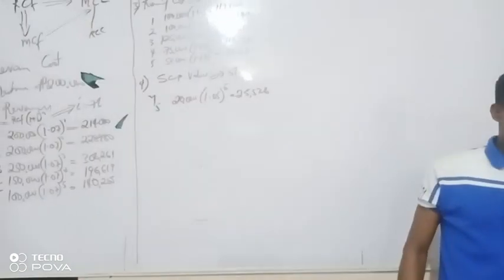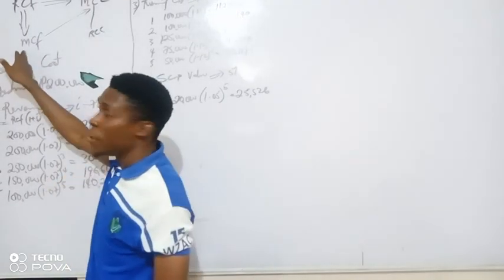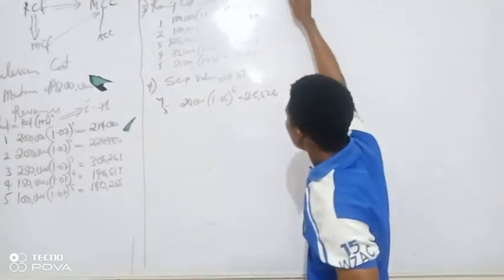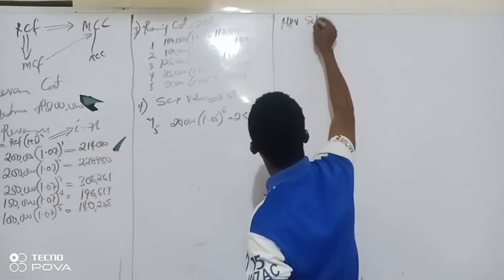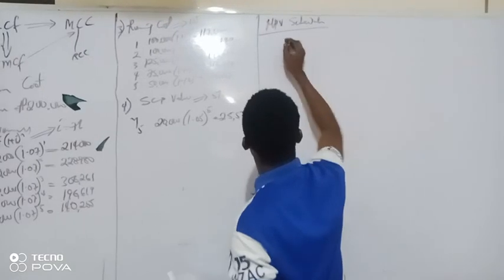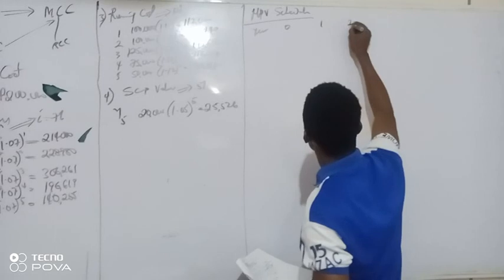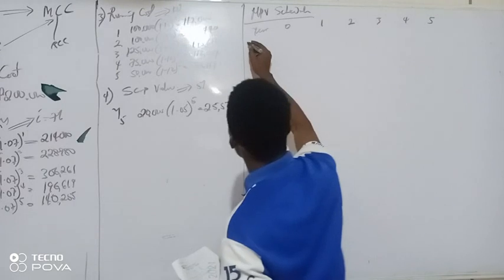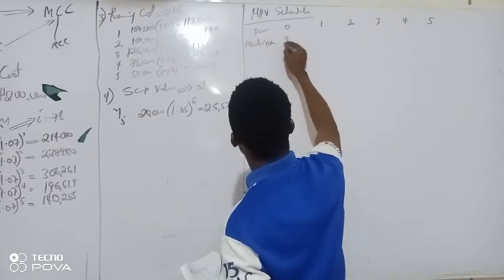So in view of this, since we have converted all our cash flows to money terms, we can now go ahead and put our NPV schedule. We have year 0, year 1, year 2, year 3, year 4, year 5. Our machine, 200,000.